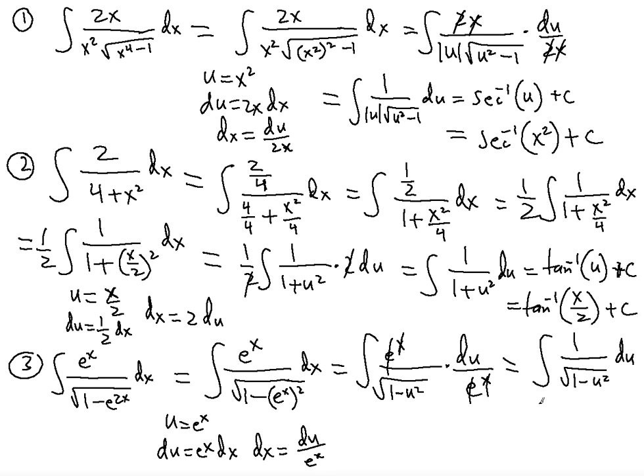And that's precisely the form you can relate to the arcsine, because the integral of this will be arcsine of u plus a constant. Now substituting u back to x, we will get arcsine of e to the x plus a constant. So there goes your antiderivative.